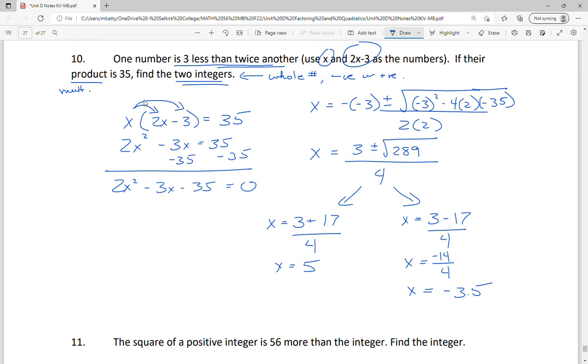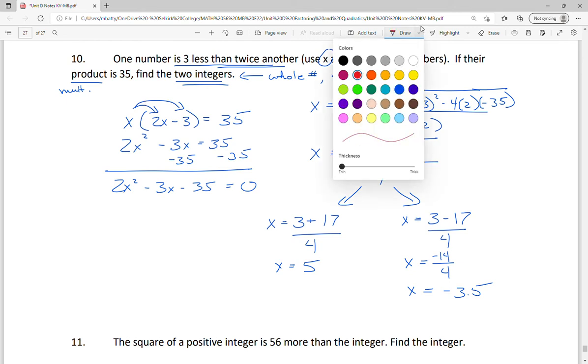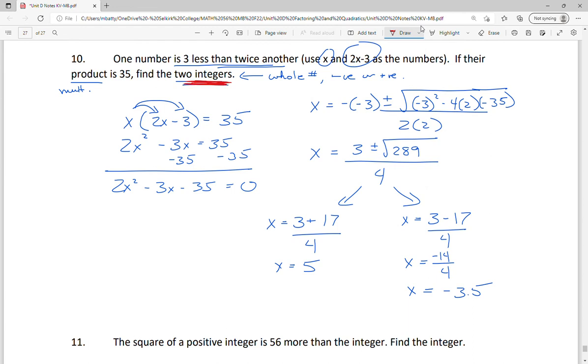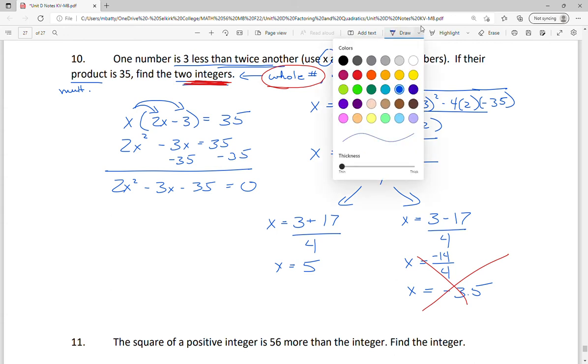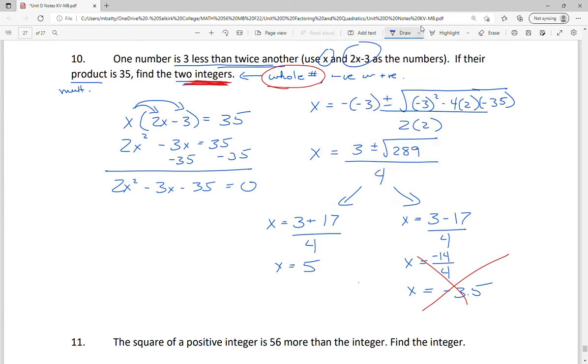So there's nothing wrong with having a negative here, but take a look at the other limitation of the question. It says two integers. We need a whole number. This would not be an integer, so we'd have to reject that answer based on that piece of math trivia. So the integers are based on this x, but we've got x as integer 1, and then 2x minus 3 as integer 2.